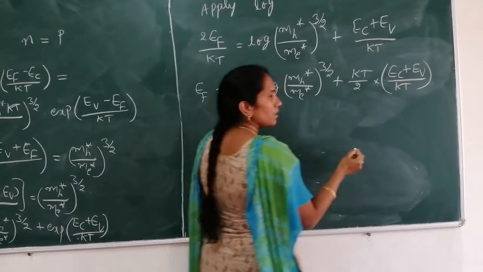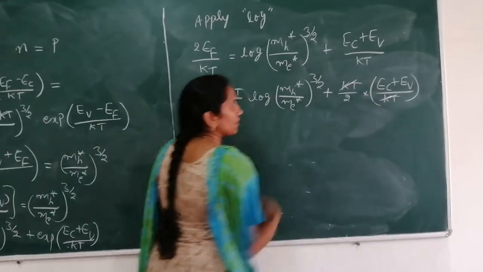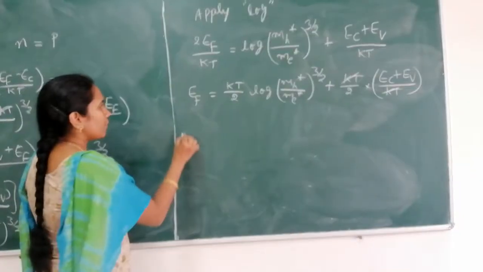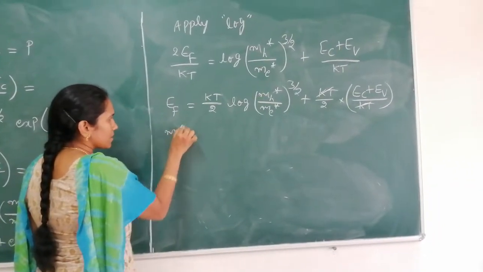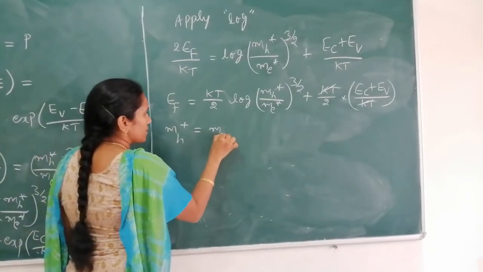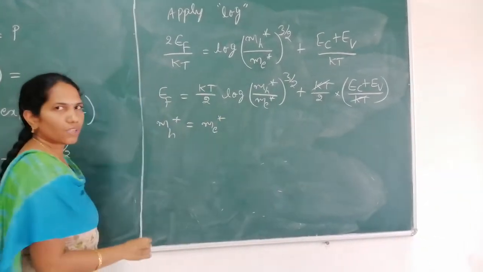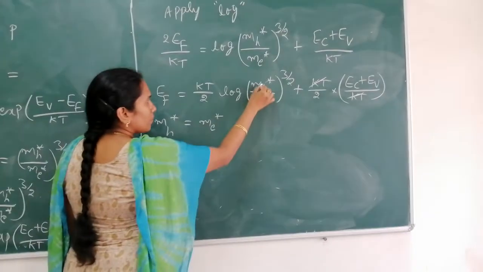Okay. So here this kT and kT will get cancelled, and if you assume that mh star is equal to me star, then this will get cancelled.